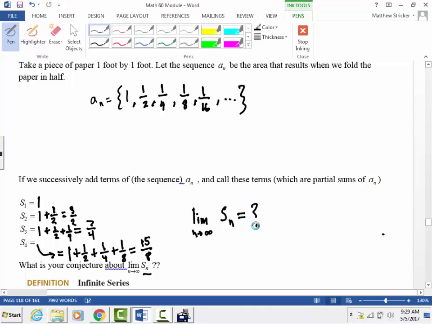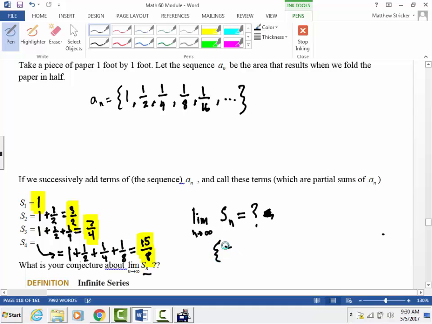In other words, is this answer and this answer and this answer... Or let me write it this way.